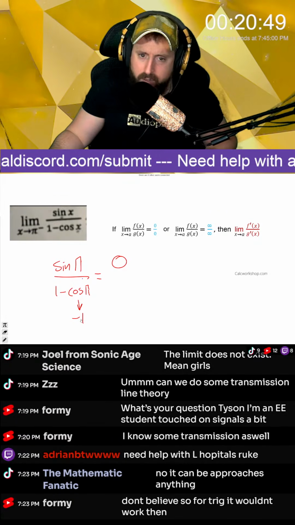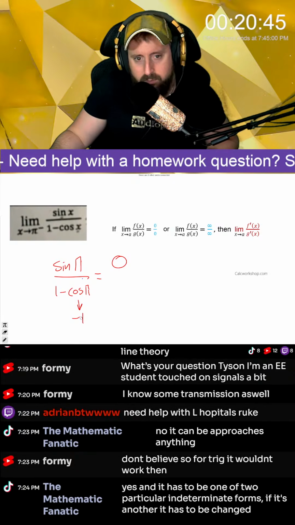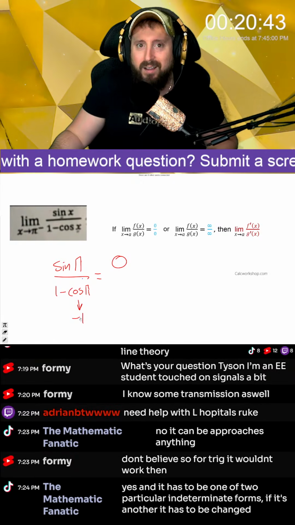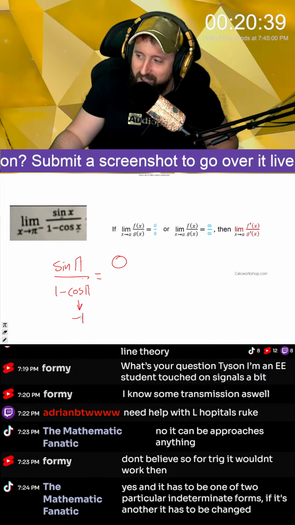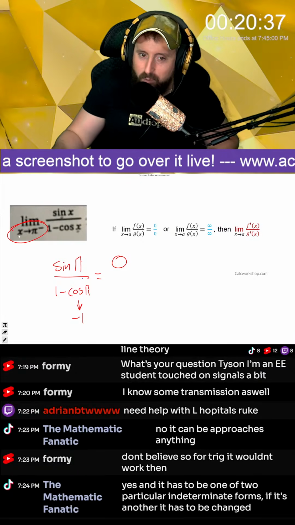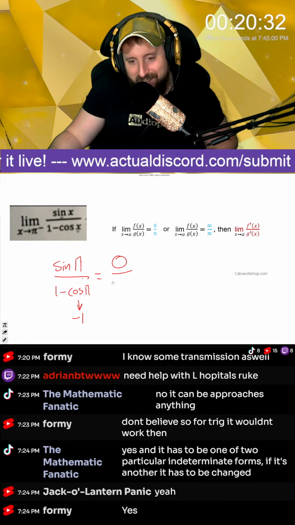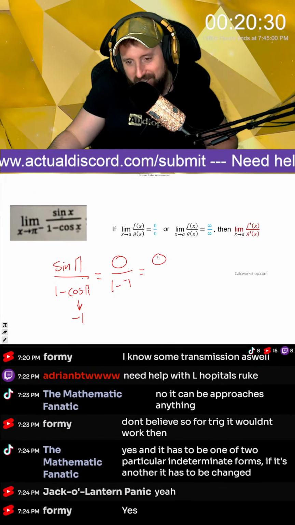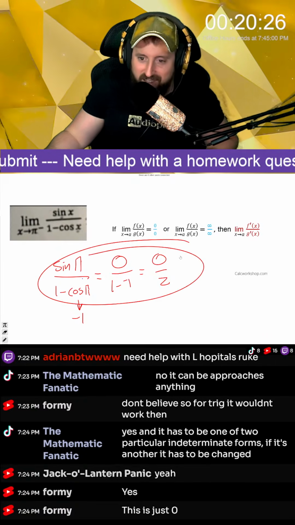Wait, isn't cosine of pi equal to negative 1? So this is 1 minus negative 1, this is 0 over 2. Cool, great, this is easy. The answer here is just 0.